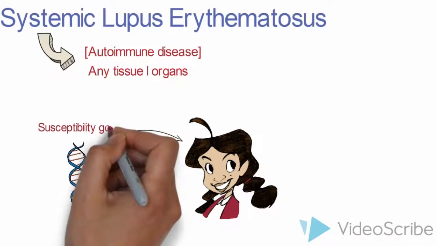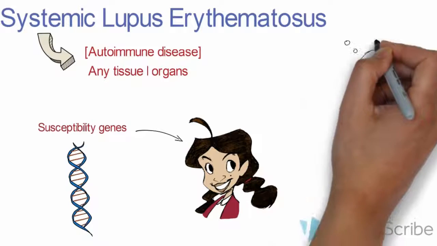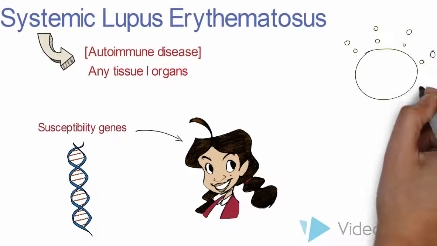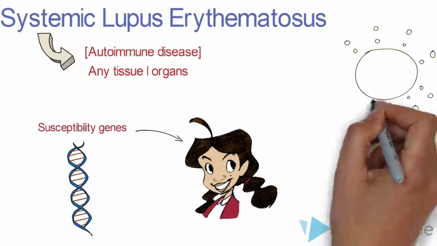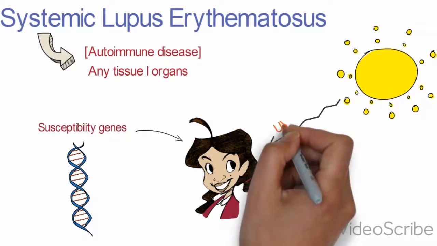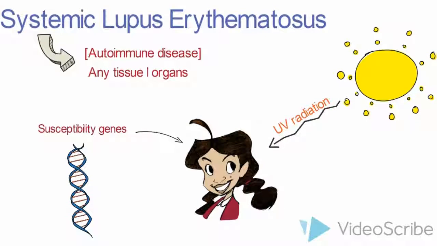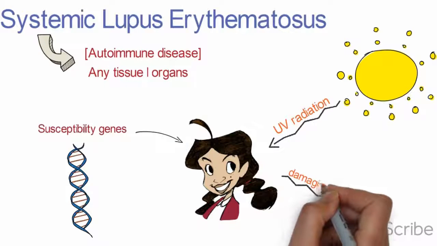She forgets her sunscreen. So she's then exposed to UV radiation. Along with that, her DNA is also exposed to UV radiation, and the DNA within her cells becomes damaged, exposing the inside of the cell, including the nucleus, to the rest of the body.